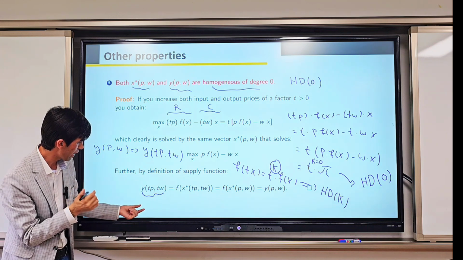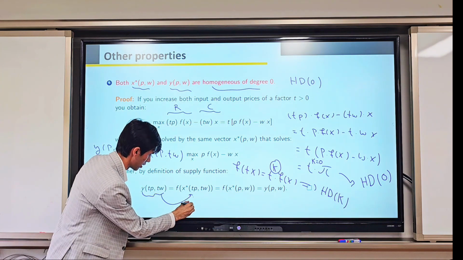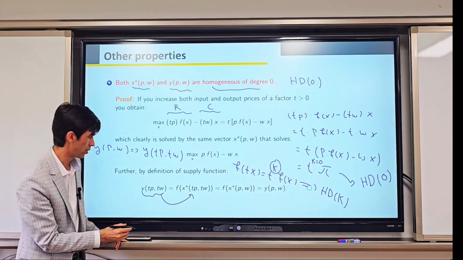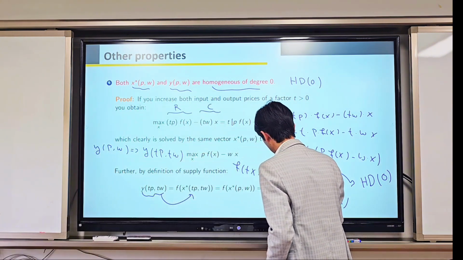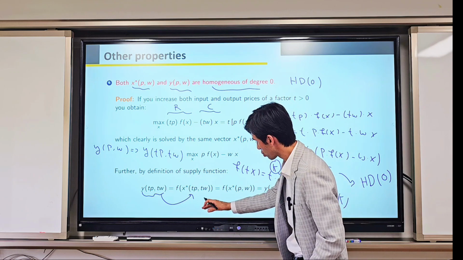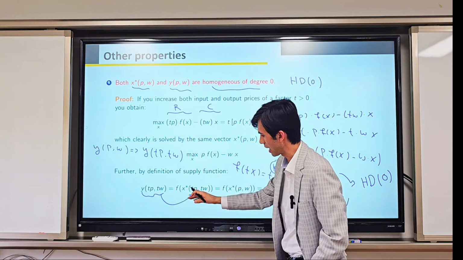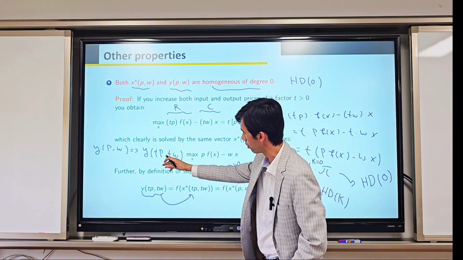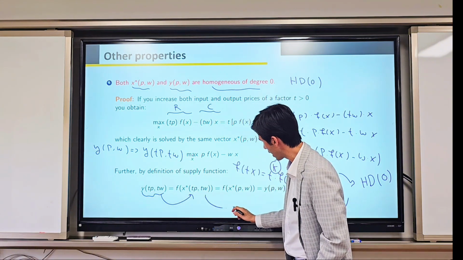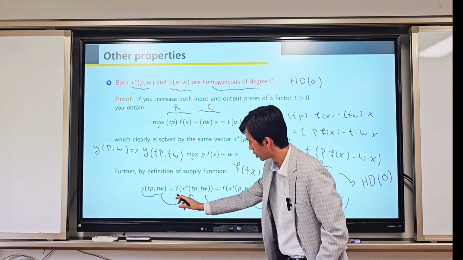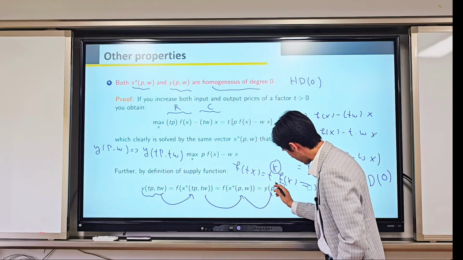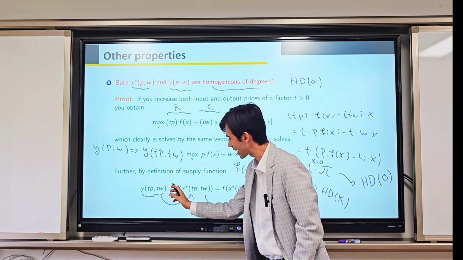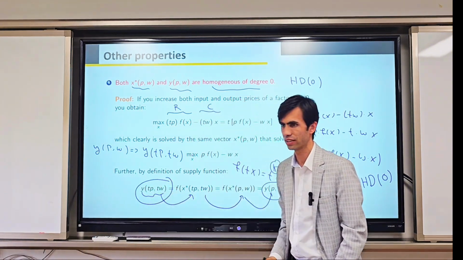This supply function comes from the demand function. And when we solve for the supply function and demand function after multiplying p and w by some scalar t, we have exactly the same thing. So the initial supply function is exactly the supply function after scaling.